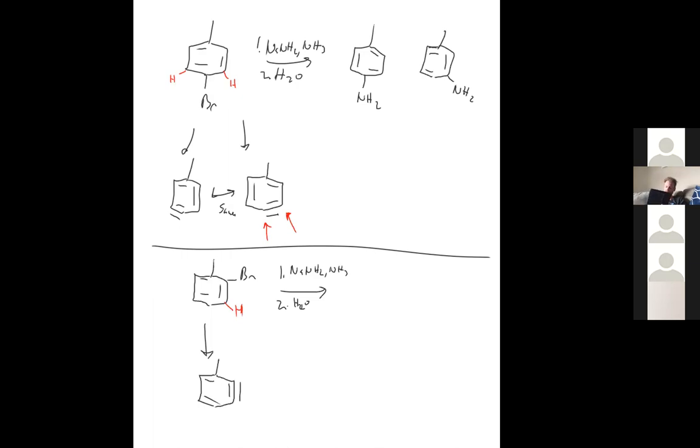And then from here, both of these alkynes can form a product. So this would also get two products, neither of them being a major one. The only time you really get a major one is when you have it meta.